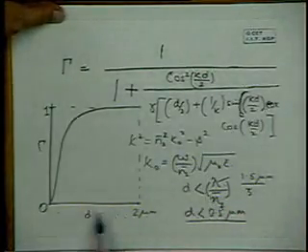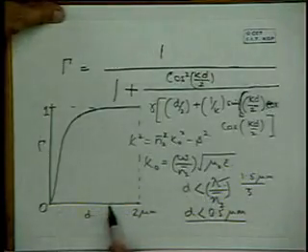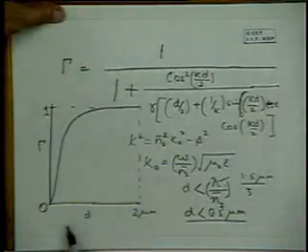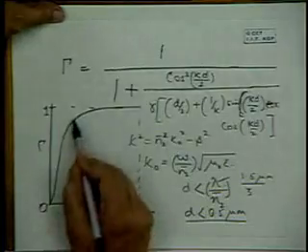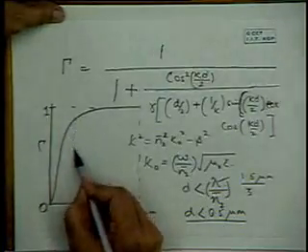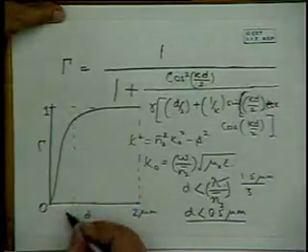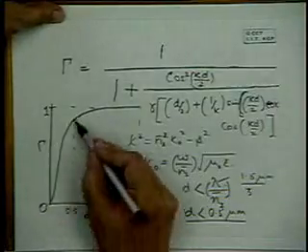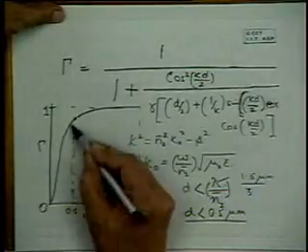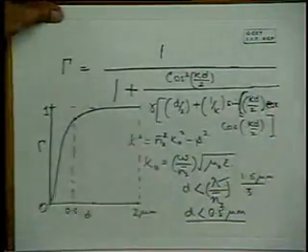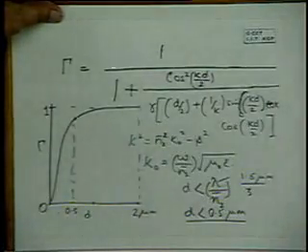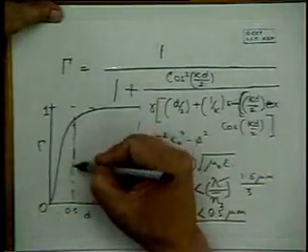So somewhere about 0.5 micron, below that gamma decreases very, very rapidly. This follows from this numerical result.